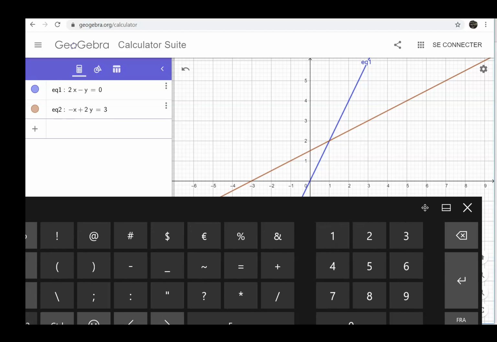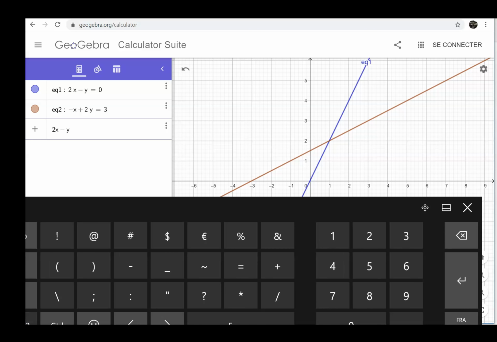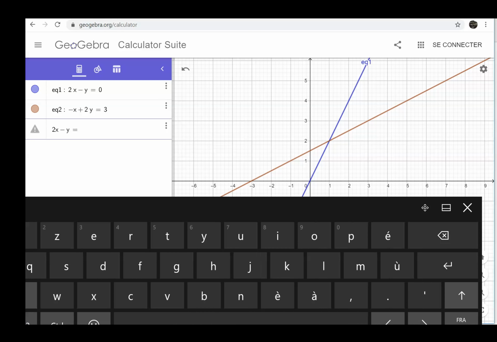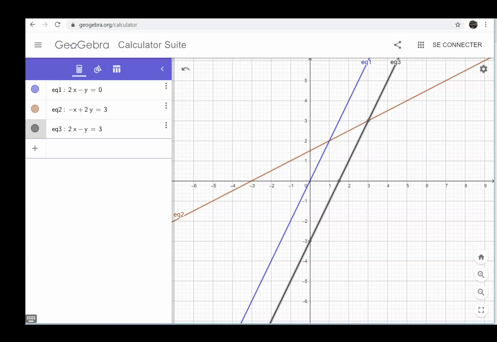Let's say 2x minus y is equal to, instead of 0, so it's the same left hand side as the first one, but instead of 0, let's take 3. Okay, so that's this new gray one.